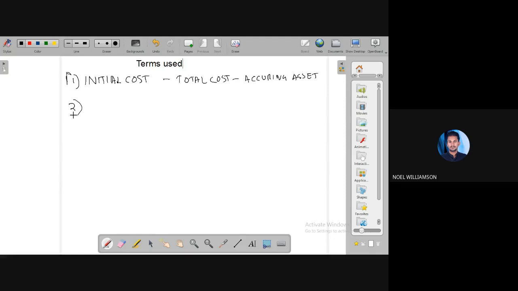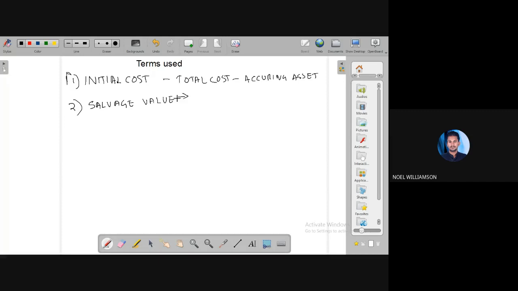Then second, salvage value. This is what we called the scrap value. That means the estimated market value after the useful life. So at the end of the useful life, what will be its value in the market?